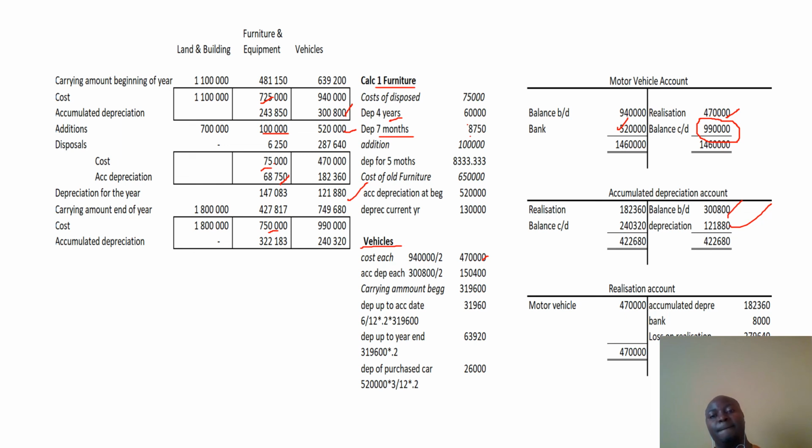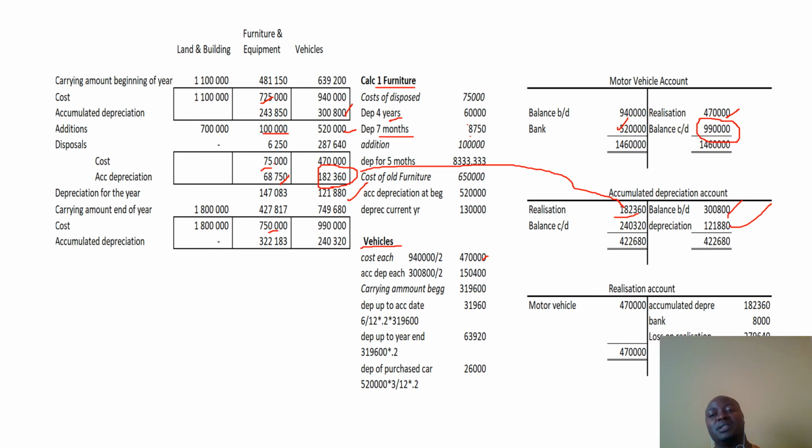So we are removing this accumulated depreciation of this asset, which is basically, if you go here, we are looking at this figure. This figure is this figure that we put there, isn't it? So we are basically posting that figure to say, no, this asset is no longer with us. We need to realize, or we need to determine whether we made a profit on it or not.